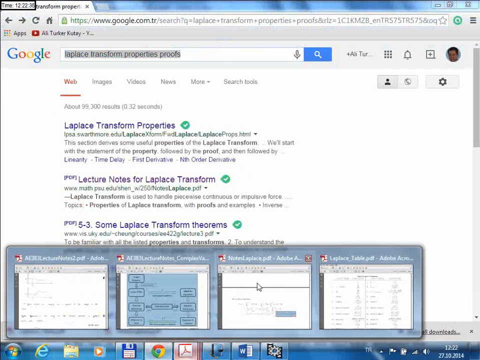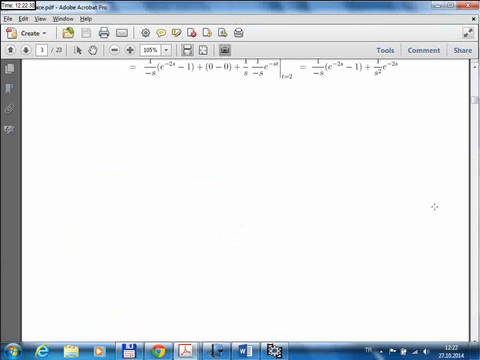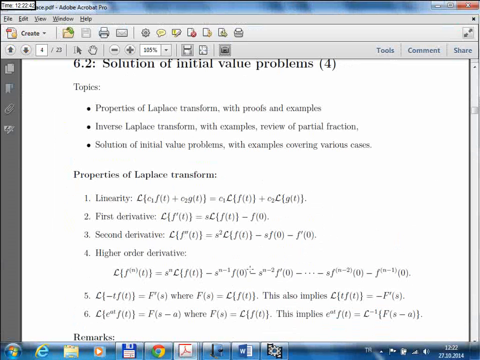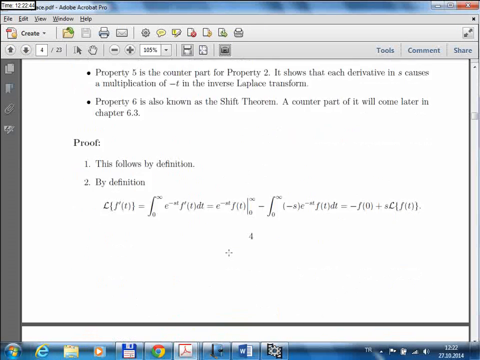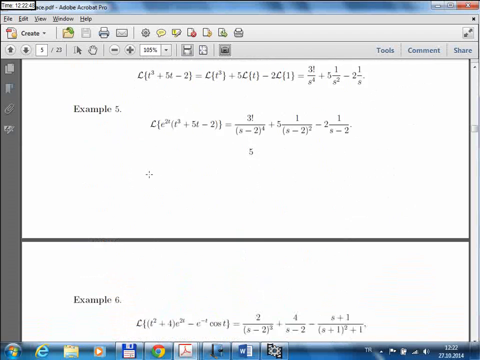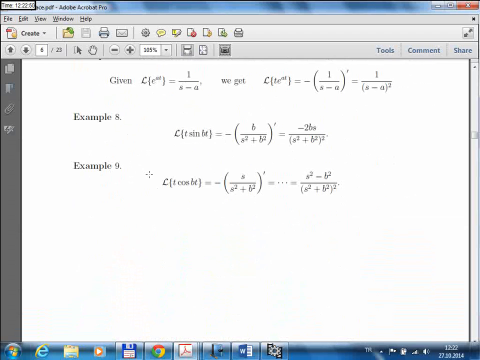This file, for example, includes some examples. I can give you this, but you can find this very easily on the internet. So probably I will take the question from such a file.